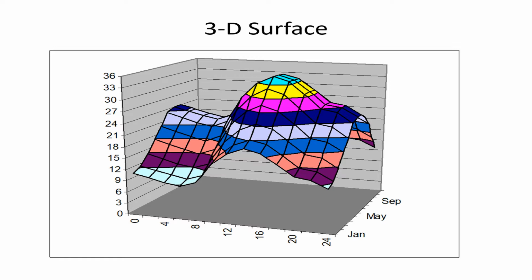And this particular graph is temperature in Greater Cairo, and it shows the months of the year starting from January and ending with December, and these are the hours of the day. It shows here that the maximum temperature in Cairo is about 33 degrees, and it is at around 2 o'clock in the afternoon.